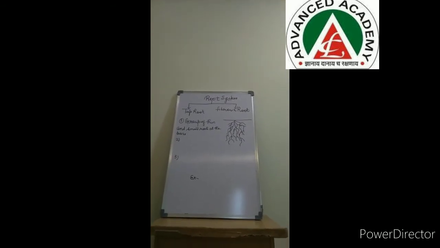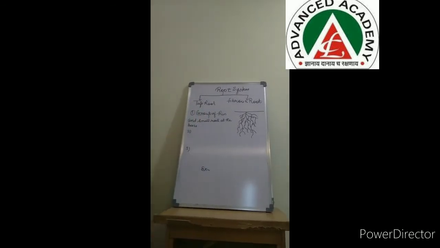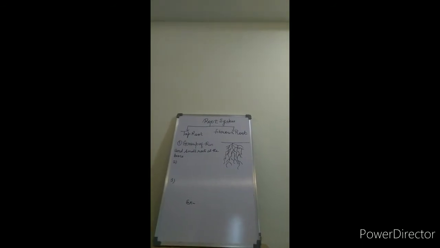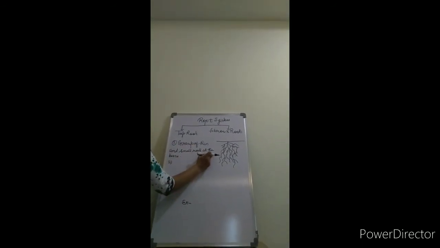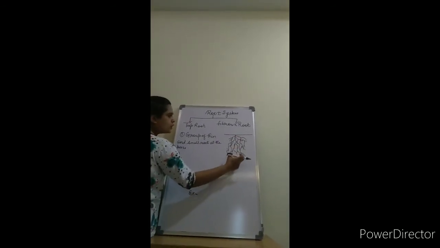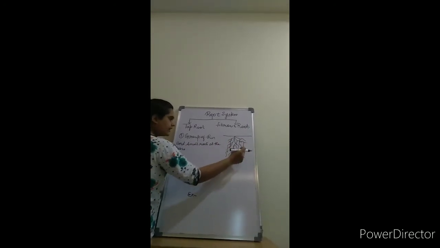Now children, we will learn about fibrous root. Plants that come under the fibrous root system have a group of thin and small roots at the base. Like in this picture, you can see that there is no main root. A group of small roots, and they are very thin.